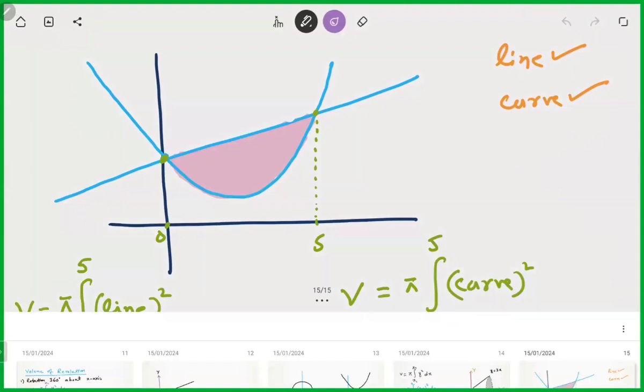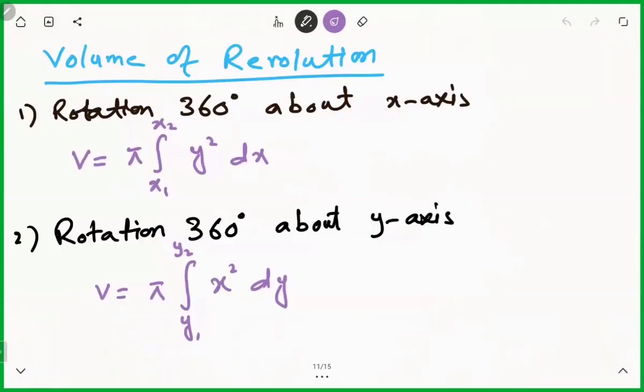The formulas are: given your graph, your straight line, your curve is rotated 360 degrees about the x-axis, its volume is pi, limits x1 to x2, y squared dx. And if it is rotated 360 degrees about the y-axis, then its volume will be pi, y1 to y2, x squared dy. Any question about this volume of revolution?